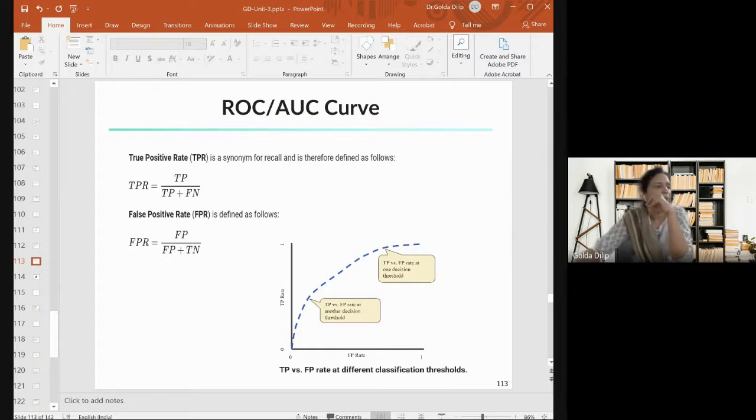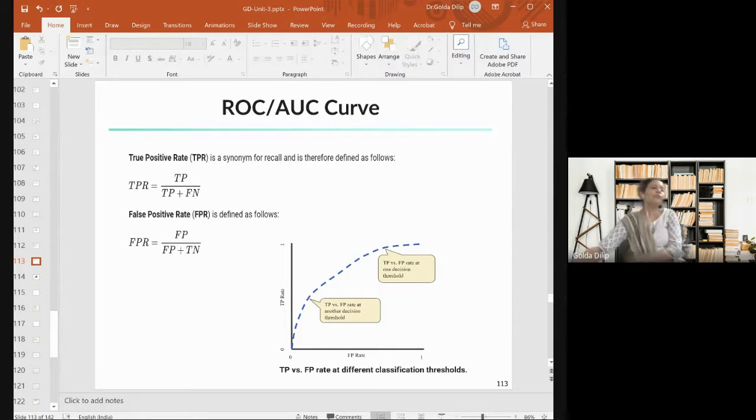For each possible threshold, the ROC curve will plot the false positive rate versus the true positive rate, FPR versus TPR.